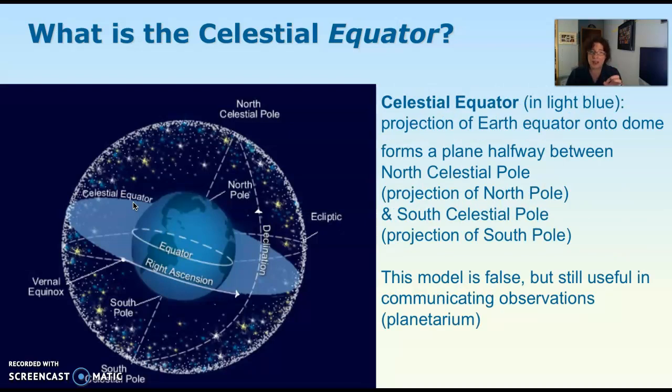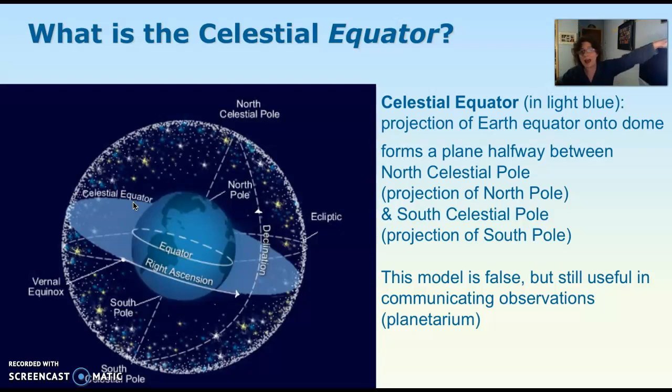This projection of the celestial equator is halfway between the North Celestial Pole, the projection from the North Pole onto the top of the dome of the sphere, and it is halfway between that and the South Celestial Pole.